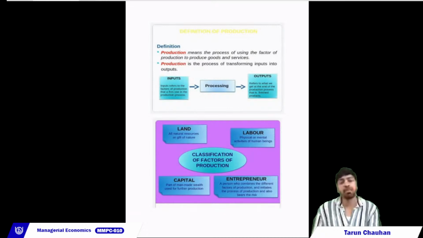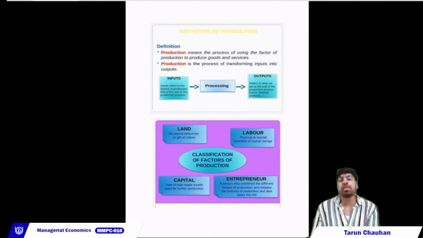It would be trees, any kind of natural resources, the natural activities that are naturally done. That's called land.